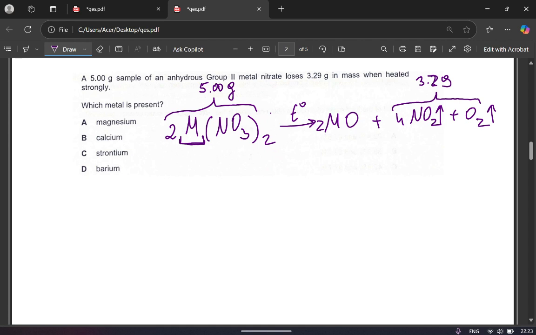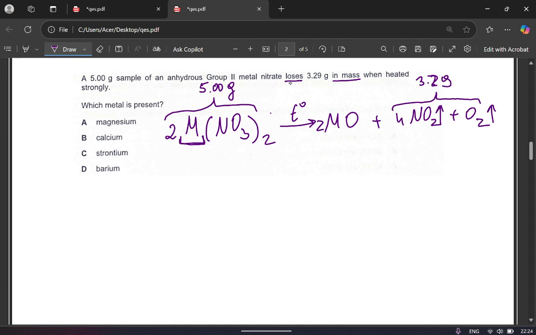In the question it doesn't say that we have a gas as a product, but we need to understand that loses in mass means something escapes the place where the reaction is taking place. The only thing that can escape is gas.